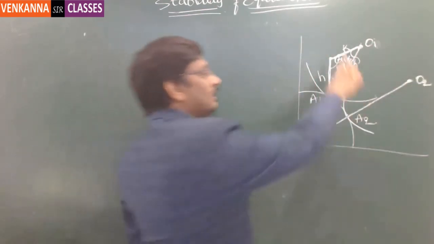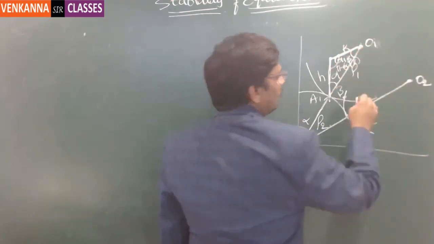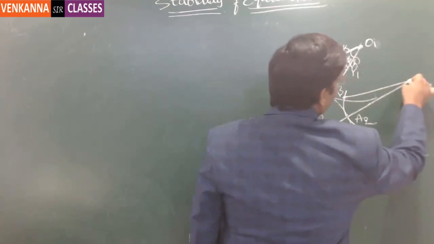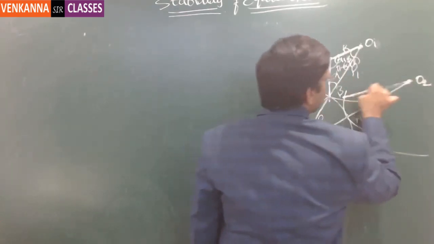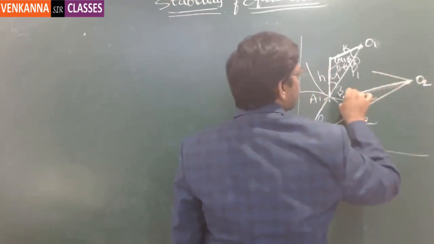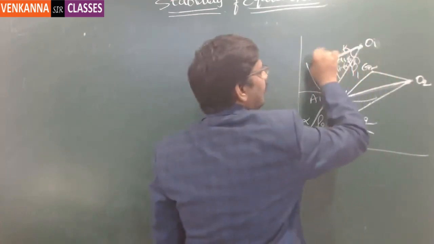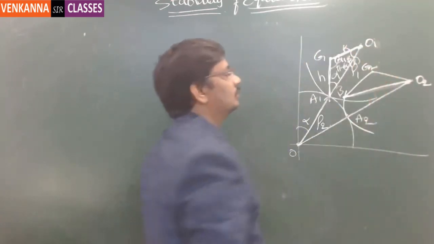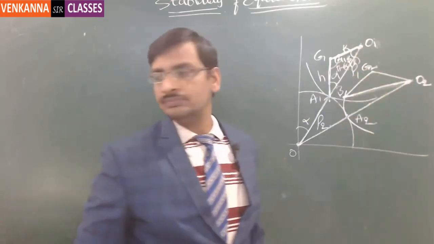So when it is rotated like this, this line will be this one. I call this G2. So G1 is coming out to be G2, and A1 became B and O1 became O2.